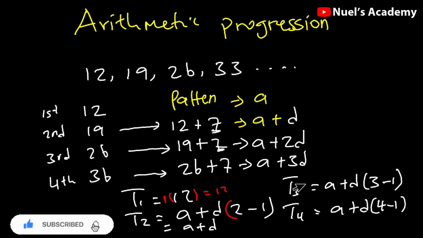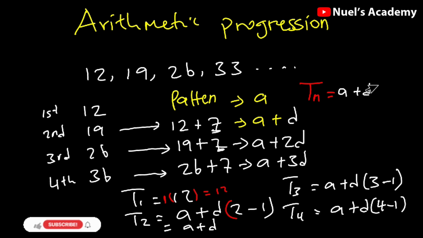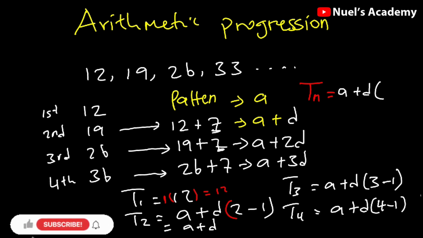So these are how to write terms of an AP in equation form, the nth term of an AP in equation form. Now, the main formula for the nth term of an AP is: the nth term is equal to the first term, following how these equations are formed, plus the common difference into, remember, these 3, 4, and 2 represented these terms here, this nth term here, Tn, right?